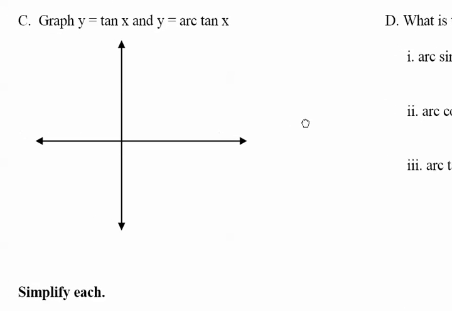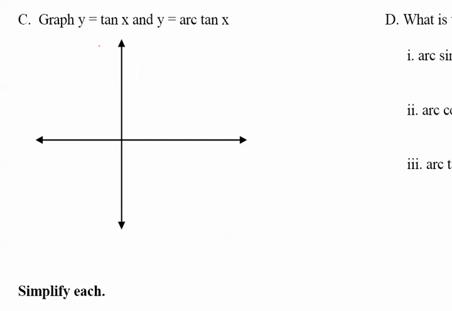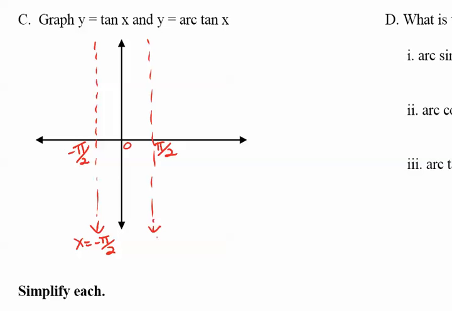The tangent function, I think, is easiest for arctan because it's obvious that we only want to draw one section of the tangent graph. So we want to go from -pi over 2 to +pi over 2, just as we did for sine. So notice that tangent is undefined at -pi over 2 and at +pi over 2, and of course again at 3/2 pi and so on.